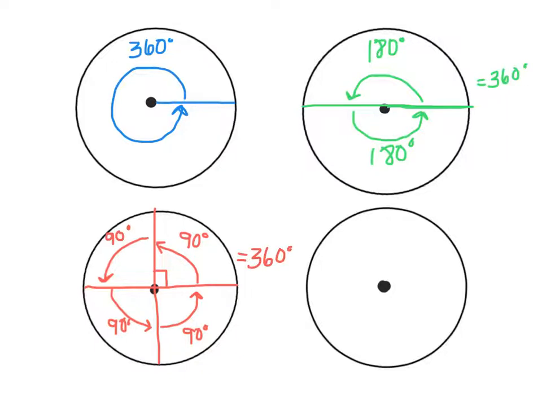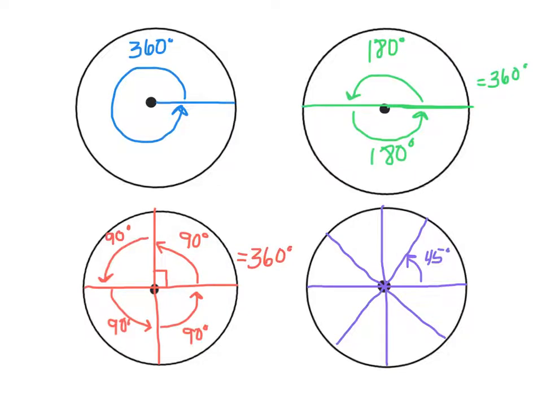Now for our last circle, we're going to split it into 8 pieces. So first I split it in half, split it in half again, then split each of those in half. We know that half of 90 is 45 degrees. So we're going to show one rotation is 45 degrees, and we could prove this by adding 45 plus 45, and we get 90.